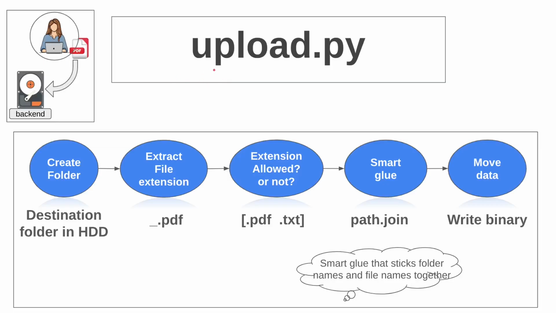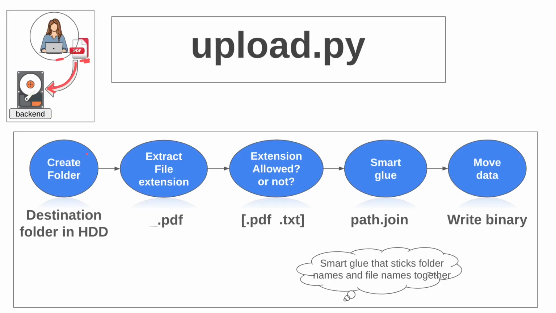Now let's see how to upload these files. Here this is the user, and this user wants to upload this PDF file through FastAPI to the backend HDD or server. So first of all, we have to import the necessary modules.